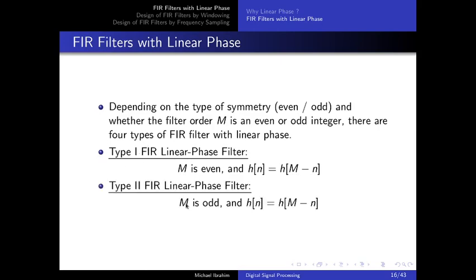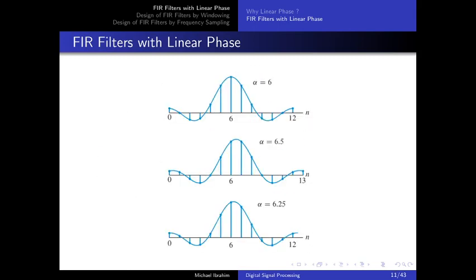Type 2 filter will be having the same equation, the same symmetry, but m will be odd. So if m is 13, let's say, now alpha would be 6.5. So if you go back over here, in this case, m is 13, alpha is 6.5, and h of 0 is equal to h of m, h of 13. h of 1 is equal to h of 13 minus 1. h of 2 is equal to h of m minus 2, and so on.